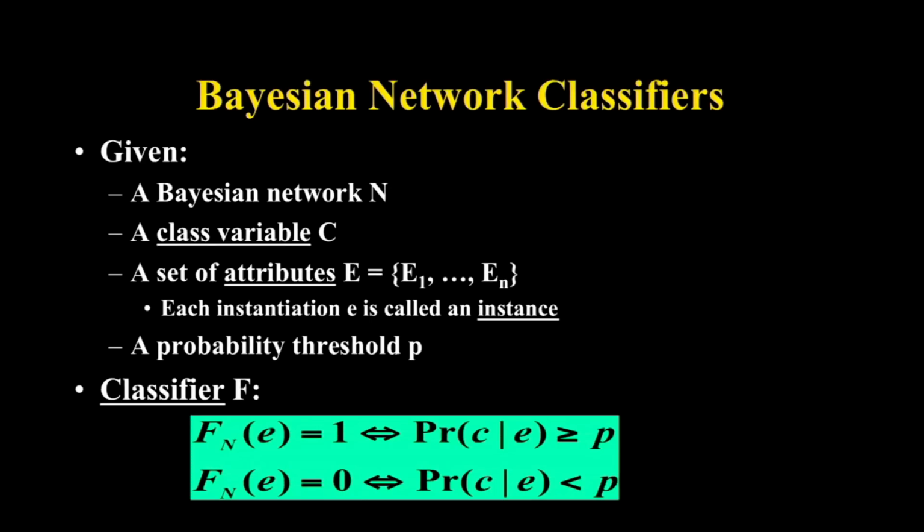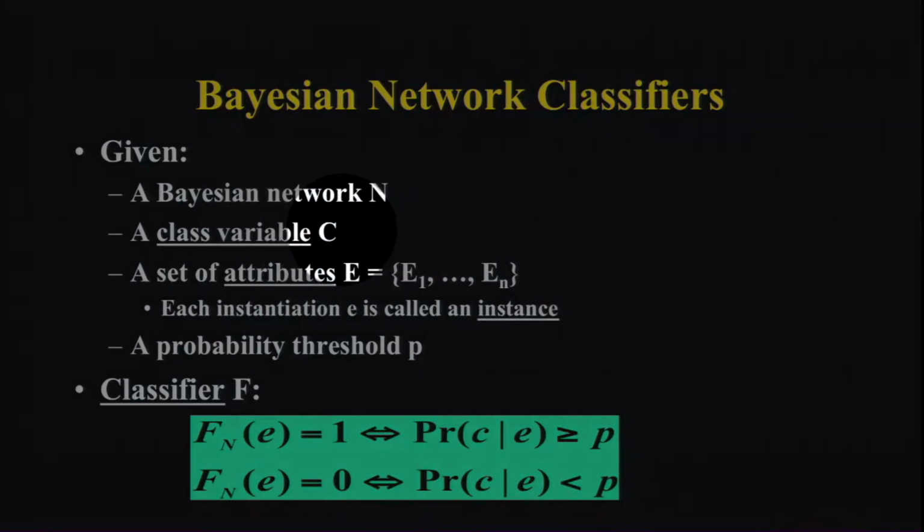This is a special case, the naive Bayes classifier, of what people call generally a Bayesian network classifier. So in this case, you can have an arbitrary structure of a Bayesian network. It doesn't have to be naive Bayes. But then you have to designate a particular node C as the class variable, and then you have the set of attributes E1 through En. And as we talked about, an instantiation of these is called an instance, and you also have a probability threshold.